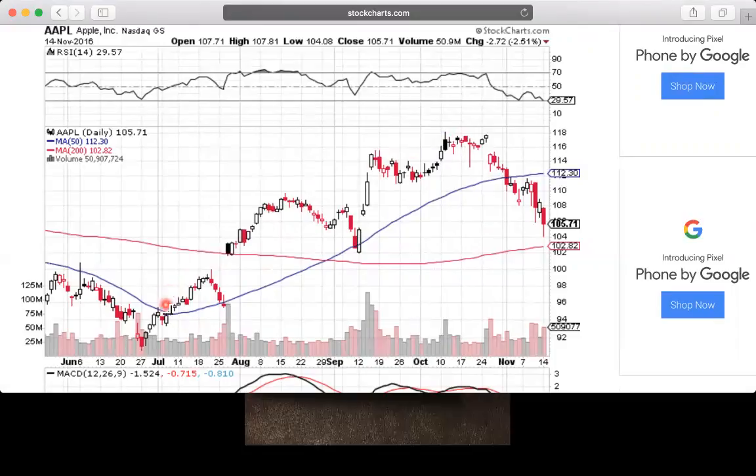So now that we know what the colors mean in the graph, let's ignore these lines for the time being and talk about this in the corner. MA50, 112.30. MA, the acronym is moving average. 50 is how many days it represents. 112.30 is the moving average price today.